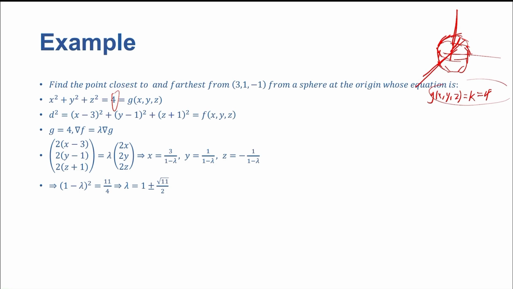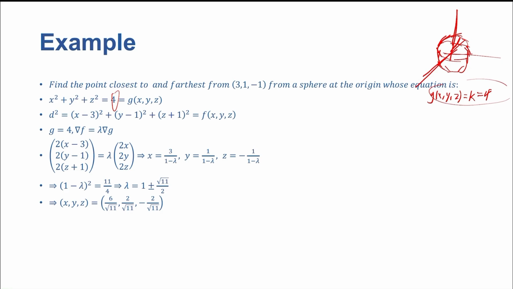So now we know that our coordinates x, y, and z are going to be 6 over square root 11, 2 over square root 11, and negative 2 over square root 11. That's for one case, and then you can solve for the other case easily by taking the negative case of the square root. So that is coordinate optimization with the Lagrange multiplier method.